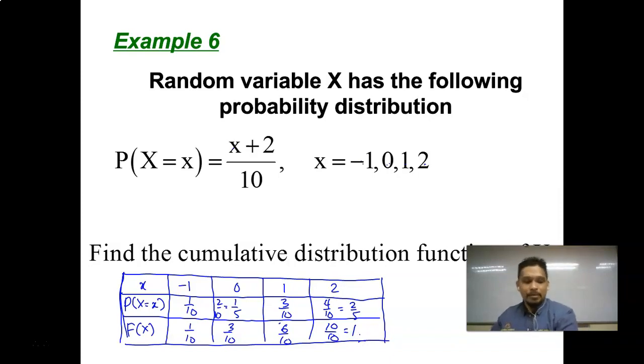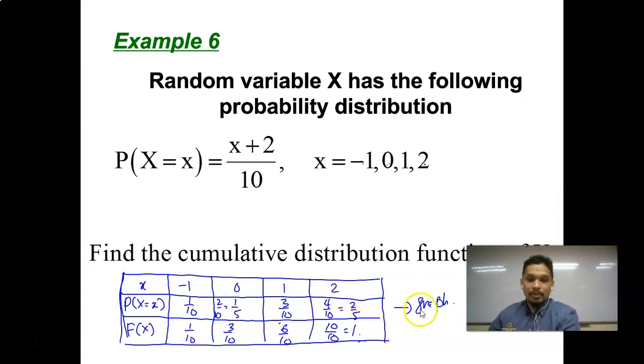Okay, so now from this table we transform it into the form of a function.